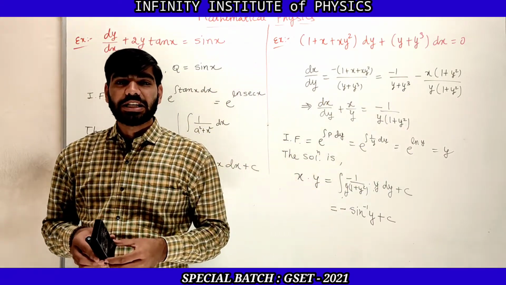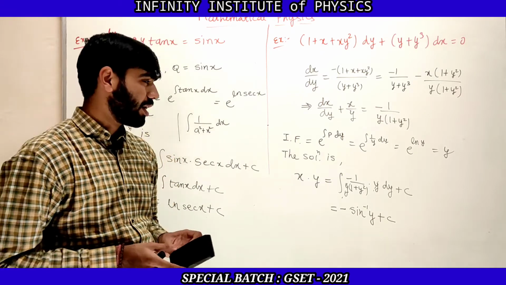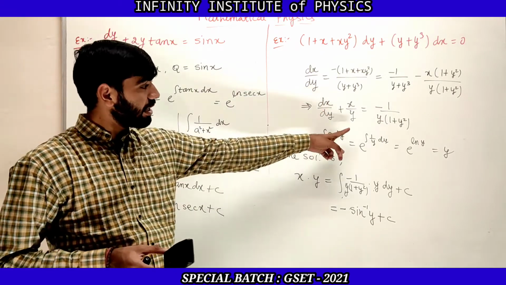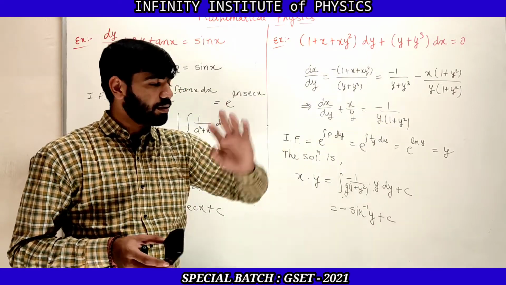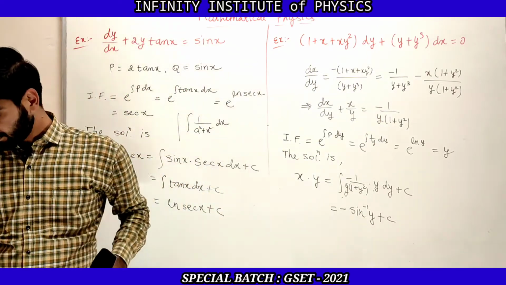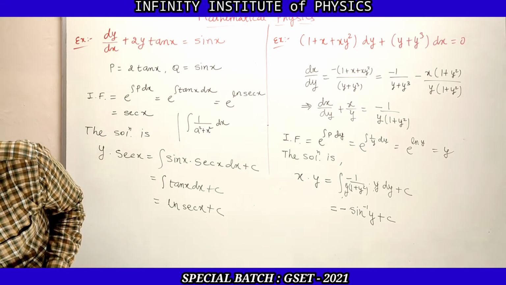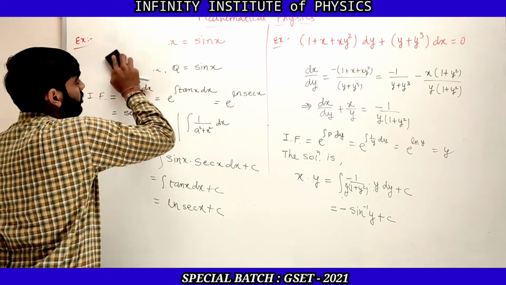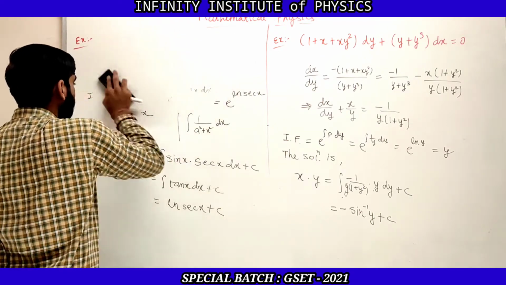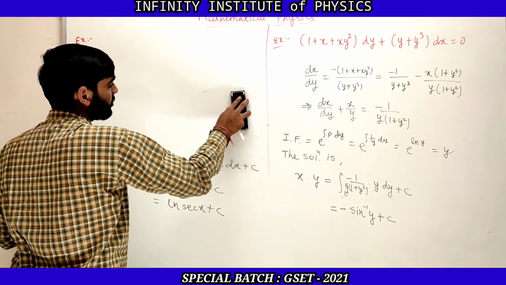That is a linear differential equation in x, where p is 1 by y and q is minus 1 upon y into 1 plus y square. Clear? There are certain examples related to these. Let us calculate one more in which you can't directly say anything about whether it is linear in y or linear in x, but you need to find out.